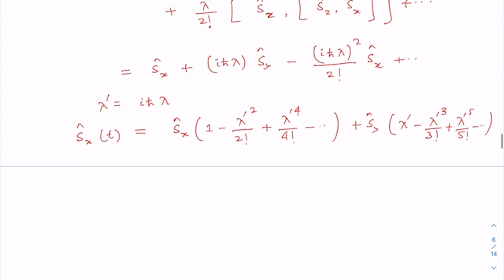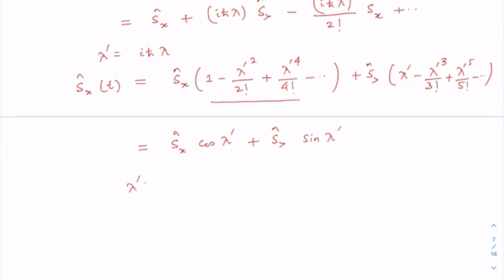So this series is now well known to you. This one is your cos λ' and the other one would be sin λ'. But λ' is equal to iħλ, which we wrote as minus i by ħ times qB t by mc.